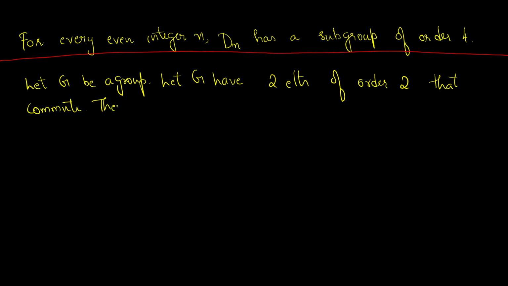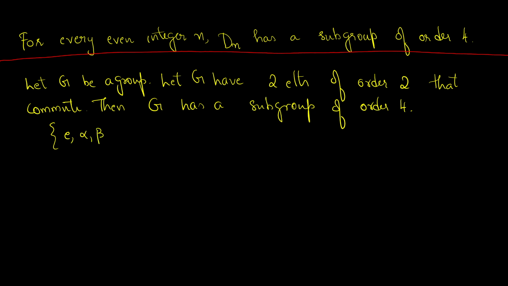Then G has a subgroup of order 4. In one of my earlier videos, I had proved this. If we take alpha and beta to be the elements of order 2, then the identity element, alpha, beta, and alpha beta is going to be the required subgroup H of order 4.